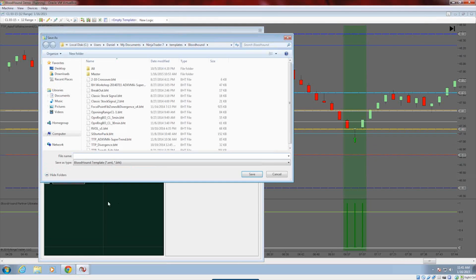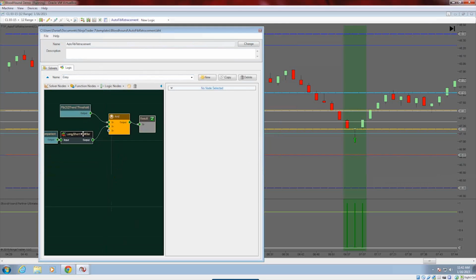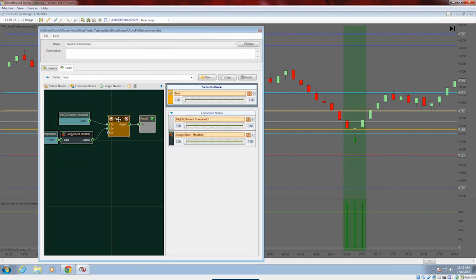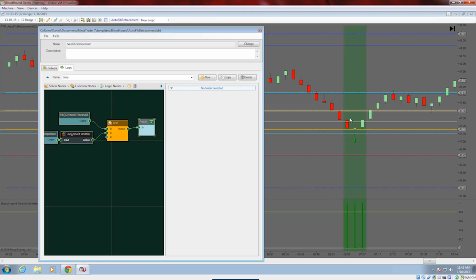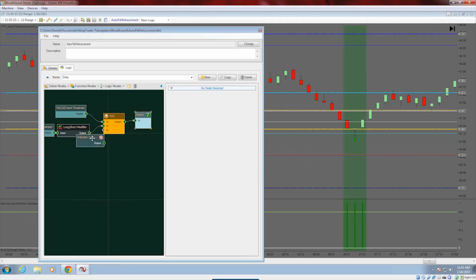We'll save this as a fib retracement. Set this to entry. And now we want to build another solver that looks at the current close versus the current high and low. So I'll use another comparison solver.